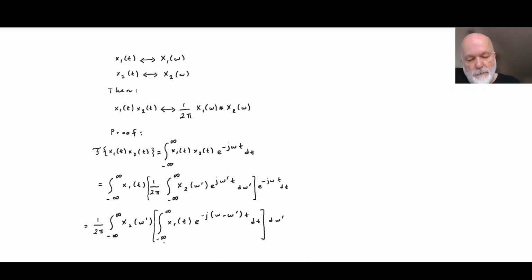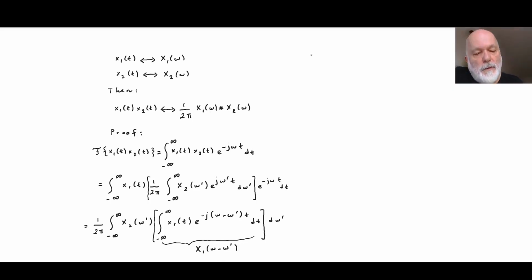But we recognize the expression from minus infinity to plus infinity x1 of t e to minus j omega minus omega prime t integrated with respect to t as the Fourier transform of x1 of t evaluated at omega minus omega prime.